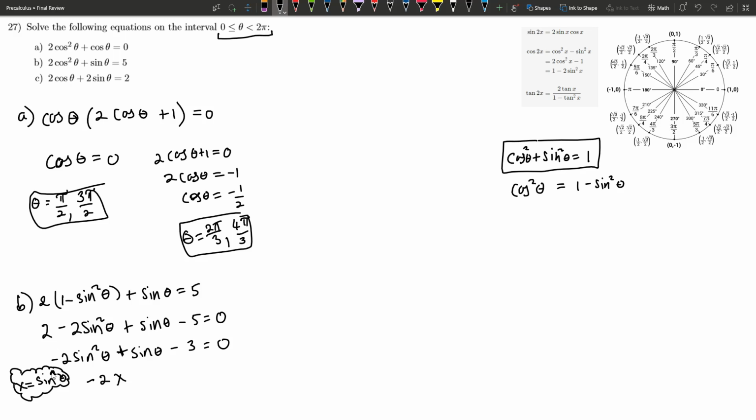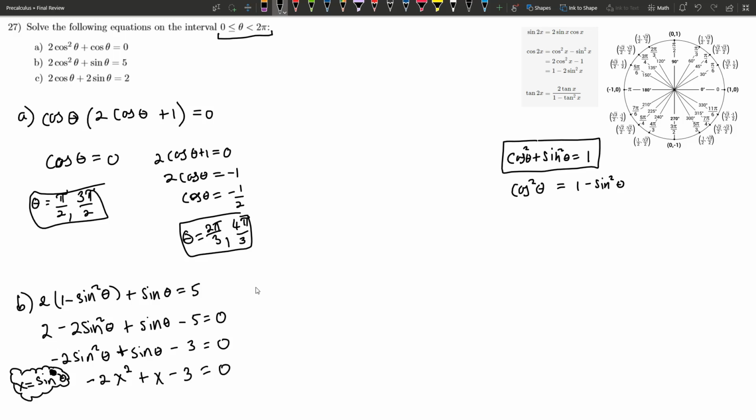I'm sorry, x is sine, just sine without the square. So negative 2x squared plus x minus 3 is equal to 0. Hopefully with this little substitution, you understand this is just a basic quadratic.